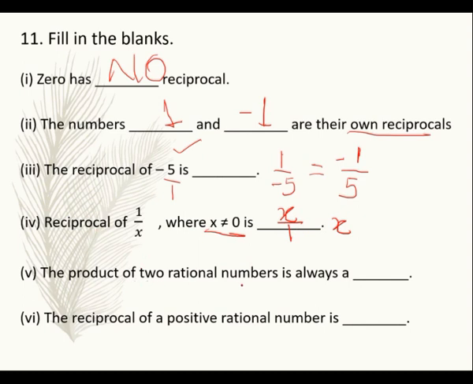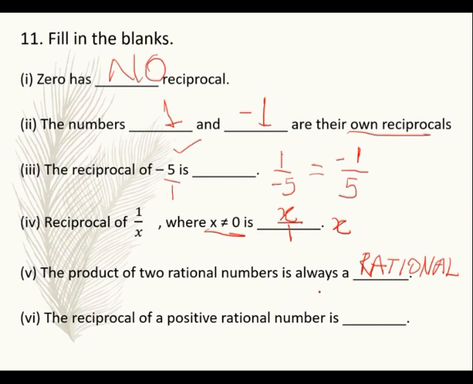Next, the fifth fill in the blank is: the product of two rational numbers is always, it's a property, the product of any two rational numbers is always a rational number only.